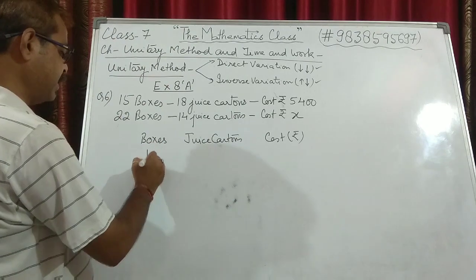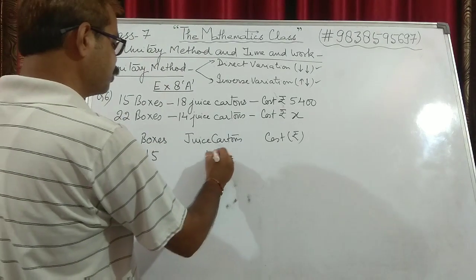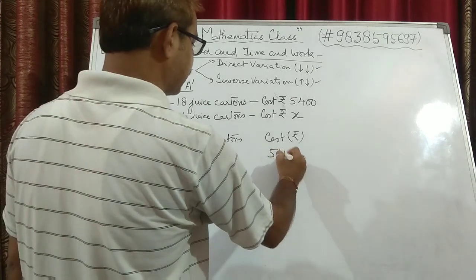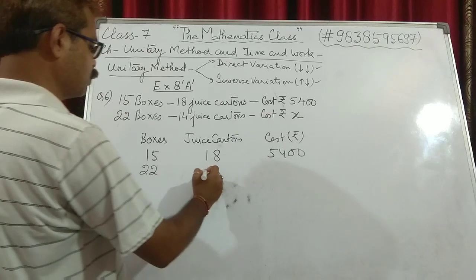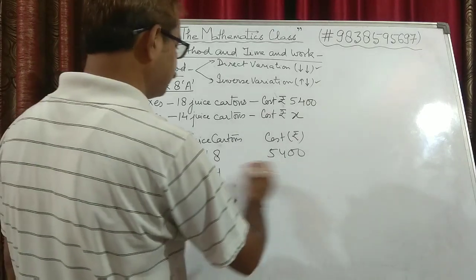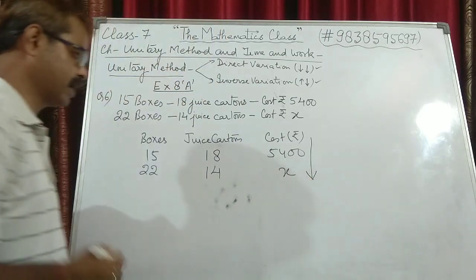Now they say 15 boxes, each containing 18 juice cartons, cost rupees 5,400. You have to find the cost of 22 boxes, each containing 14 juice cartons, and I have assumed the price to be X and we put it down.